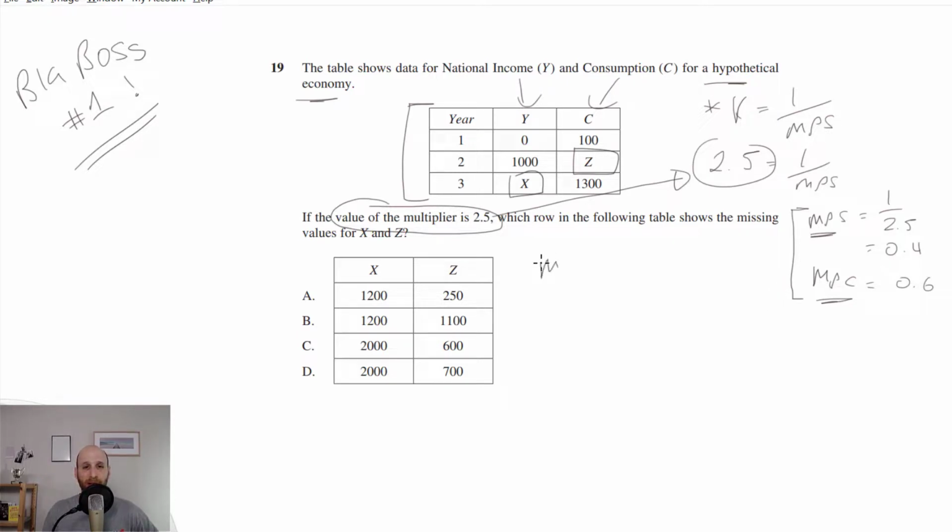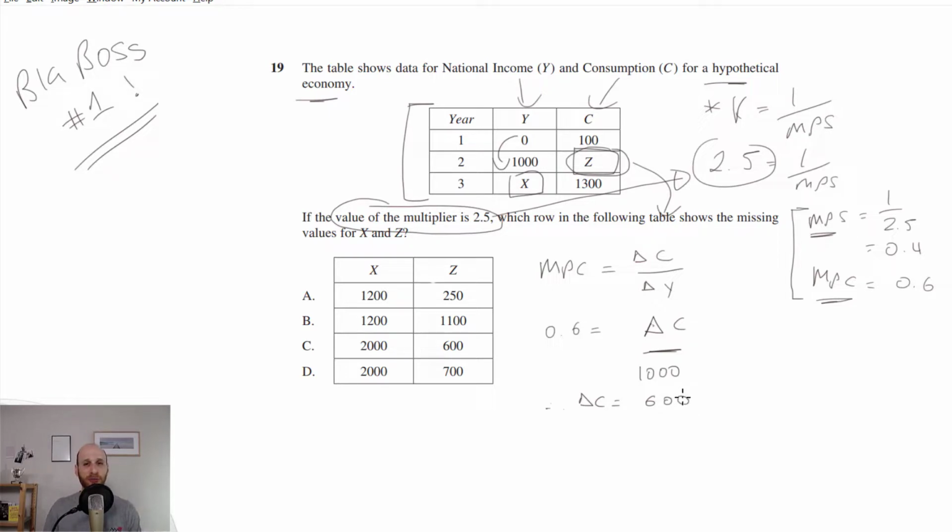So what I know is that the marginal propensity to consume is equal to the change in consumption over the change in income. So 0.6 will equal the change in consumption, which we don't know yet. The change in income between these years, well, that is 1,000. So therefore, the change in C is going to equal 600.